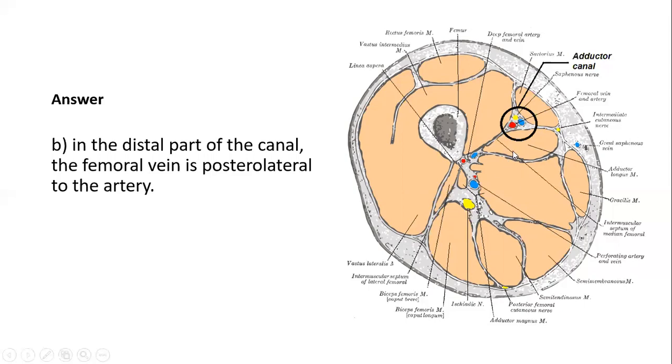But if you look at the anterior view of the adductor canal, you will see that the vein first lies posterior, then comes posteromedial, and finally, as it further ascends to enter the apex of the femoral triangle, it becomes medial. I hope this video was of any help.